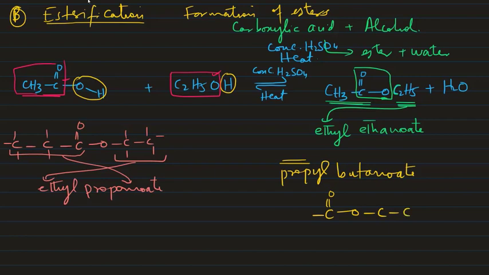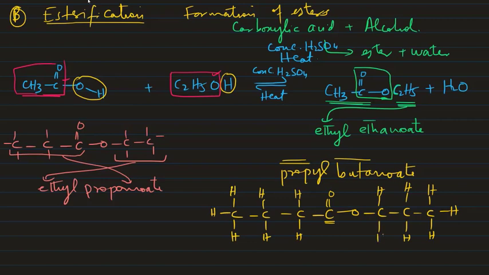Propyl contains 3 carbons, so make 3 carbons over here, and then butanoate, the 4 carbons. 1 carbon is already there, so make 3 more carbons over here like this. Then complete the valencies of carbon using hydrogen. So this is the structure of propyl butanoate.